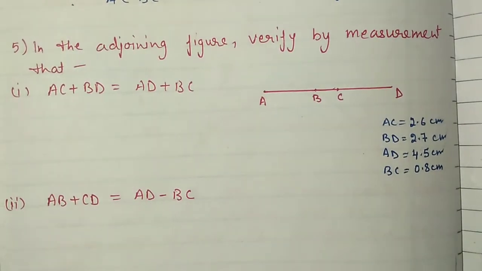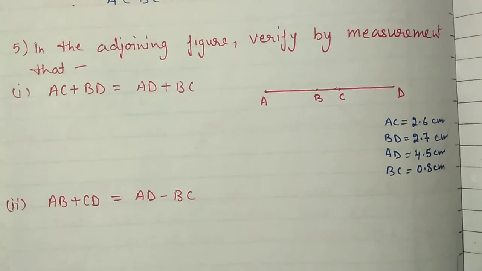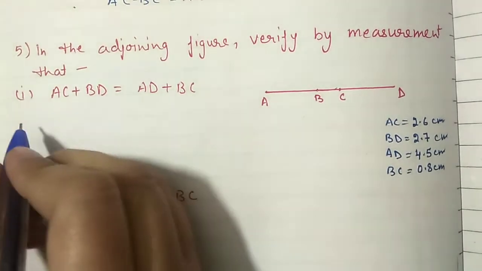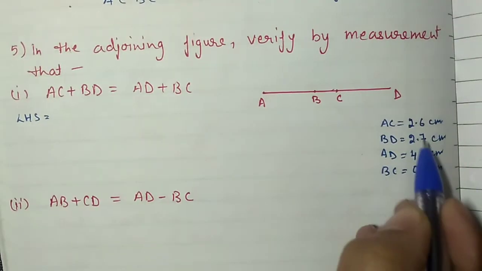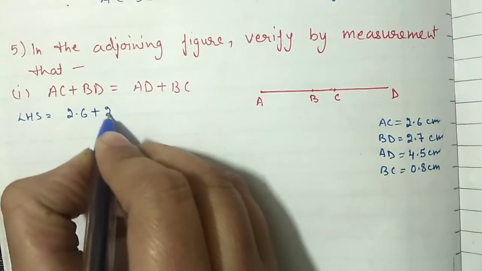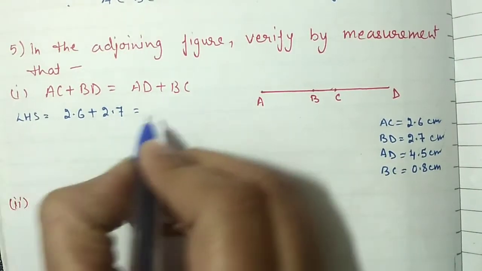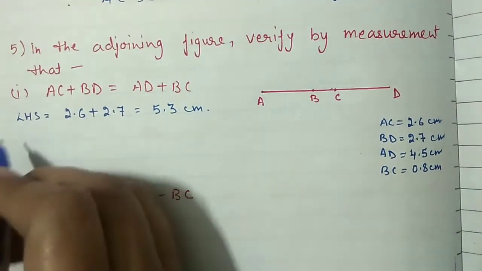Now we will substitute these values here and we will check left side and right side. First we will take left hand side. Left hand side we have AC plus BD. So AC is 2.6 and BD is 2.7. So if we add both we will get 5.3 centimeter.